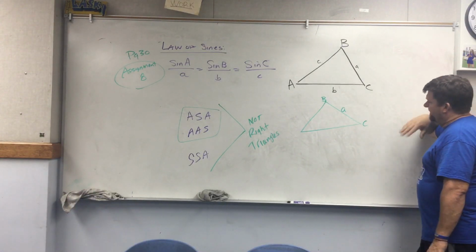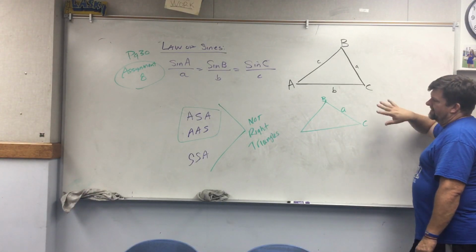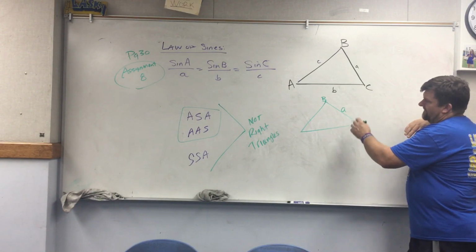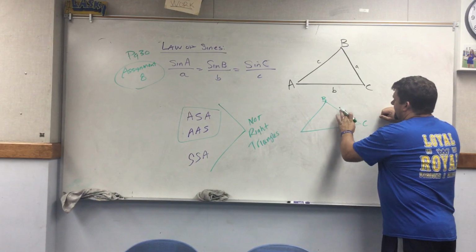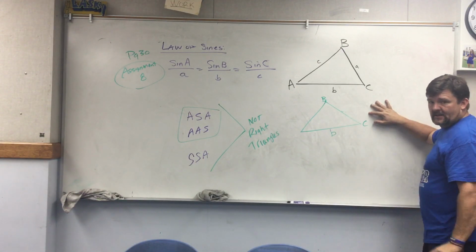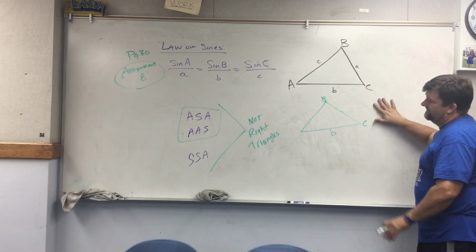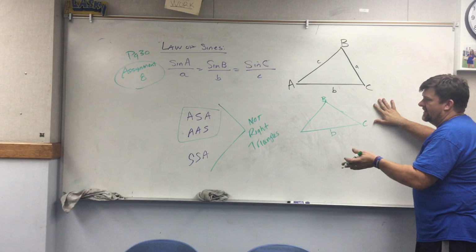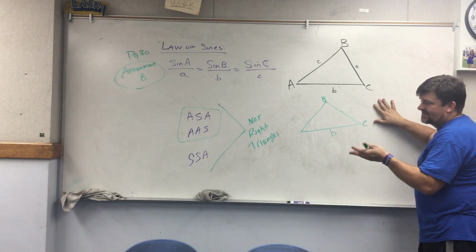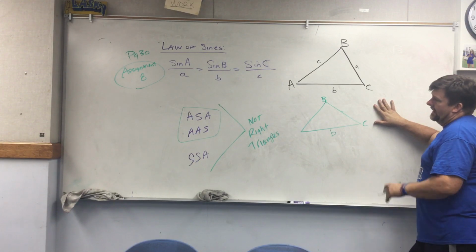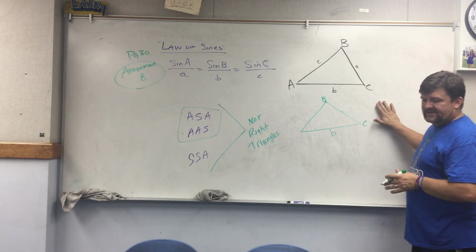So you've got to have your different pieces to it, because if you don't have an angle side angle or an angle angle side, you can't do anything. So you've got to have two angles and a side, or two sides and an angle, and it just depends on the ratio. So that's one of the reasons.